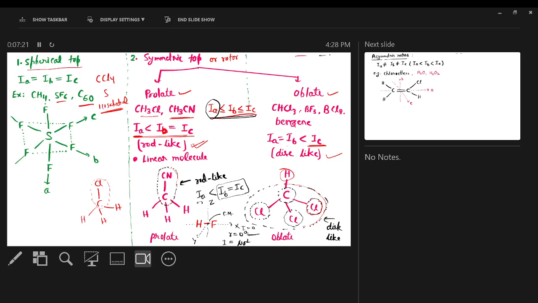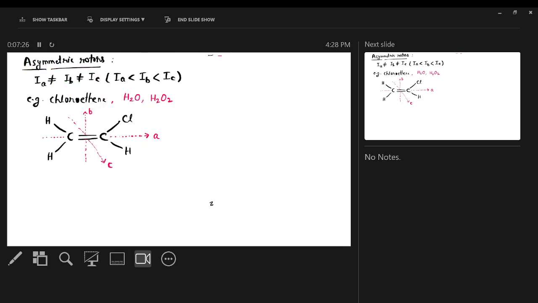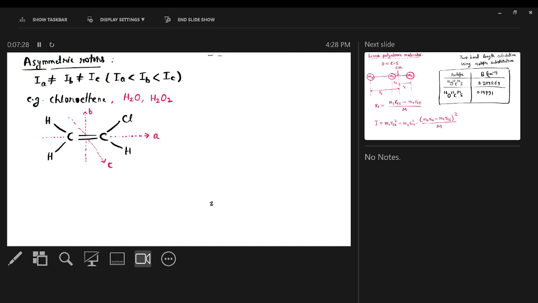Now coming to the third class, which is asymmetric top or asymmetric rotor. In that case we have the condition IA not equal to IB, which is not equal to IC. One disclaimer: IA need not be equal to IXX. Usually in crystallography, the A axis we call X axis, the B axis we call Y axis, and the C axis we call Z axis.